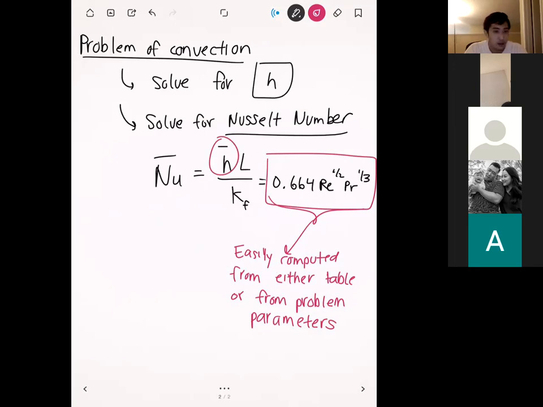So far we've only done one situation, which is laminar flow over a flat plate, where the flat plate is held at a constant temperature.